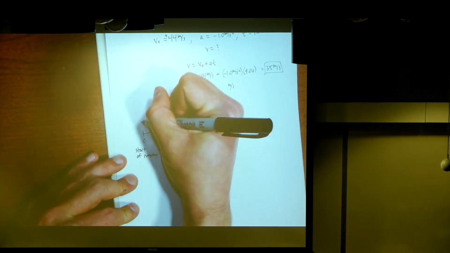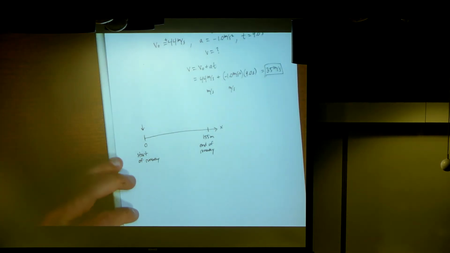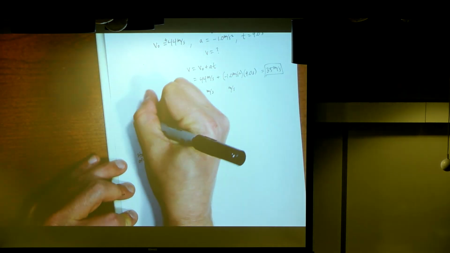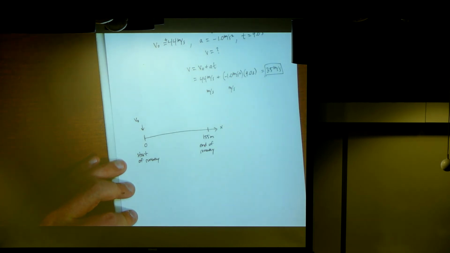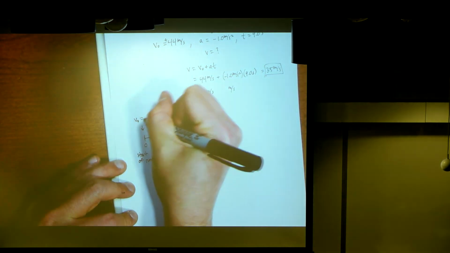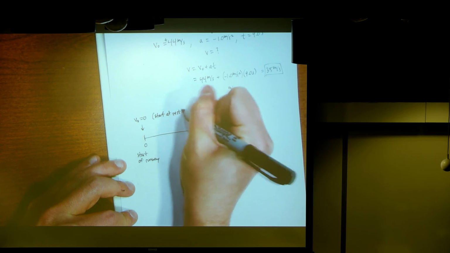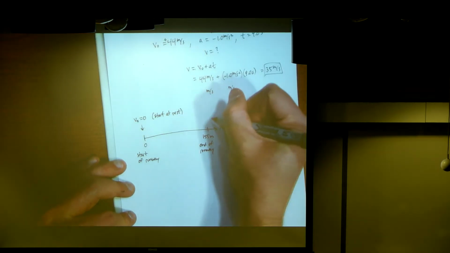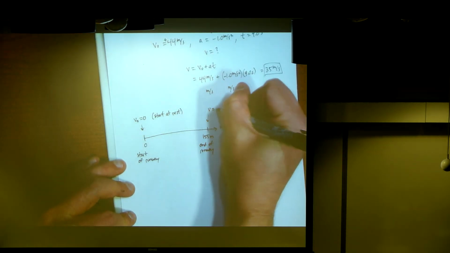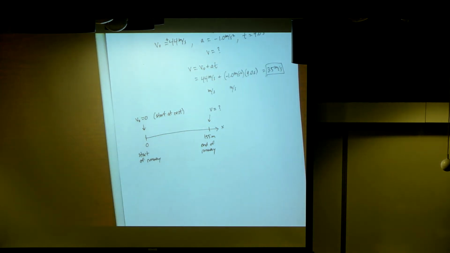So when we're over here at the start of the runway, what is our velocity? What is our v0? What's our initial velocity? 0. We start at rest. Final velocity, once we reach the end of the runway, is what we're trying to figure out.